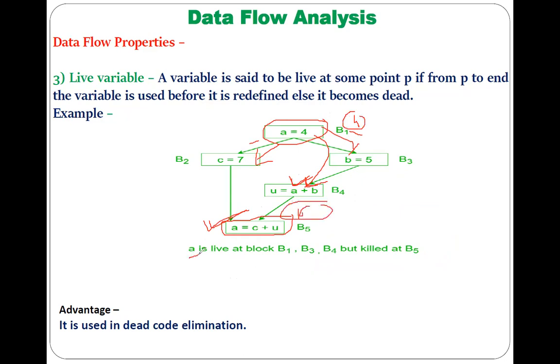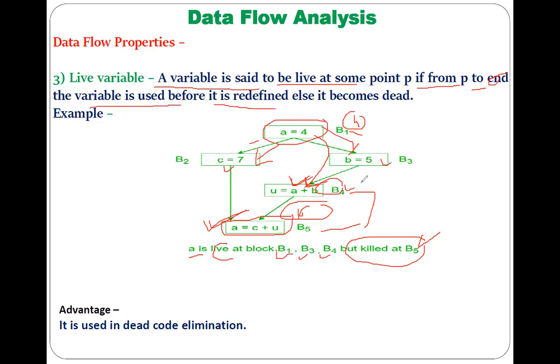Understood? That is the reason it is said A is live at the points B1, B3, B4, but getting killed at the B5. Same definition I have written. A variable A is said to be live at some point B4, B2, or B3 if from P to the end, now point P you can consider B4 as a P point, from B4 to the B5, the variable is used before it is redefined.